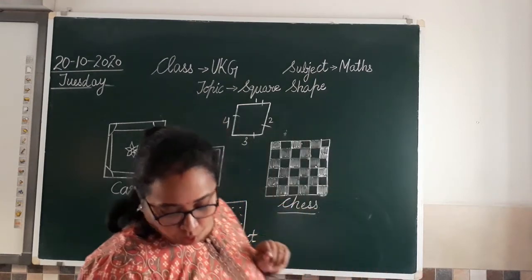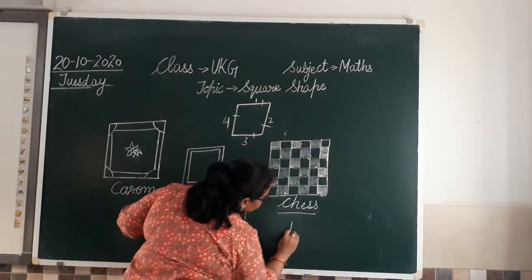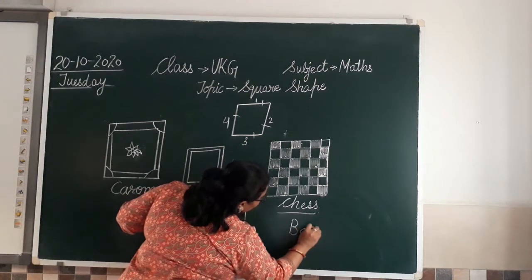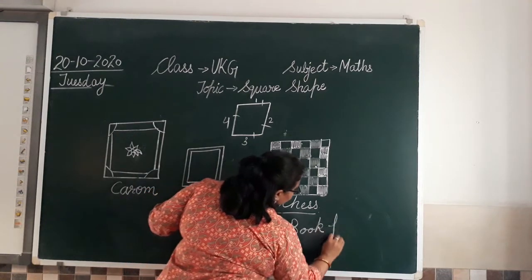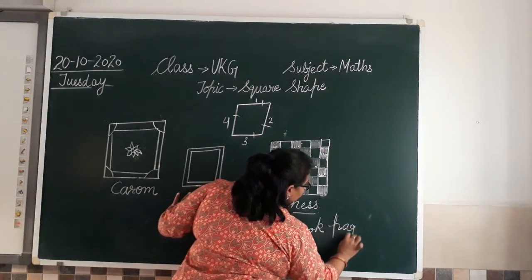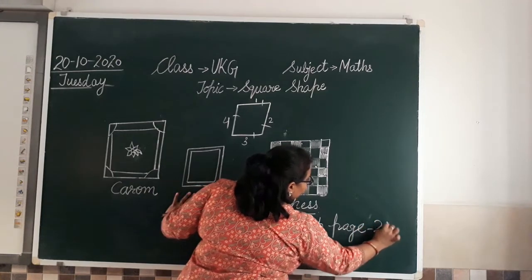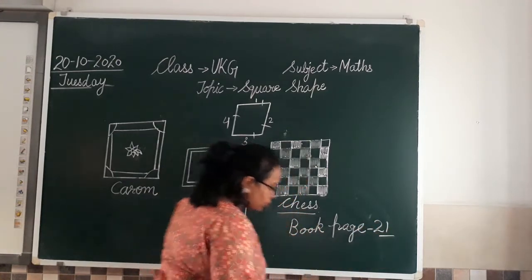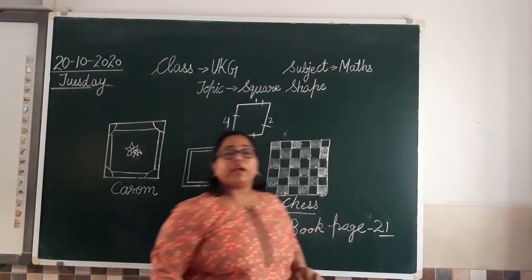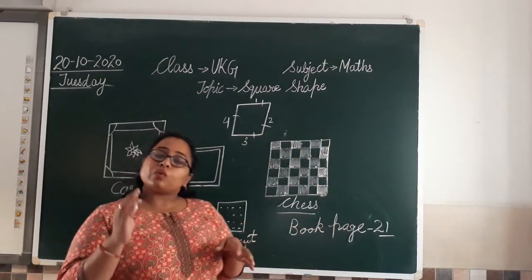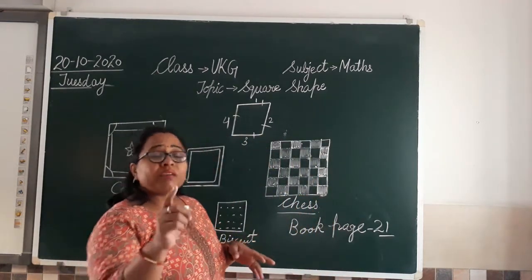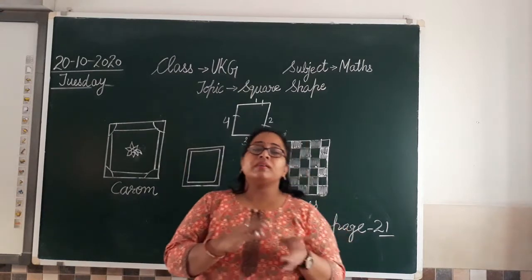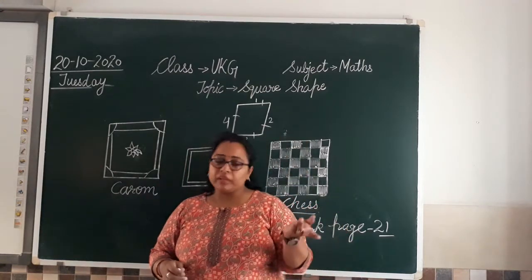So open the book on page number 21. Now when you open this book page number, you will find some objects that are square in shape. And if you have ever seen dice, for playing Ludo or Snakes and Ladder, we need a dice.